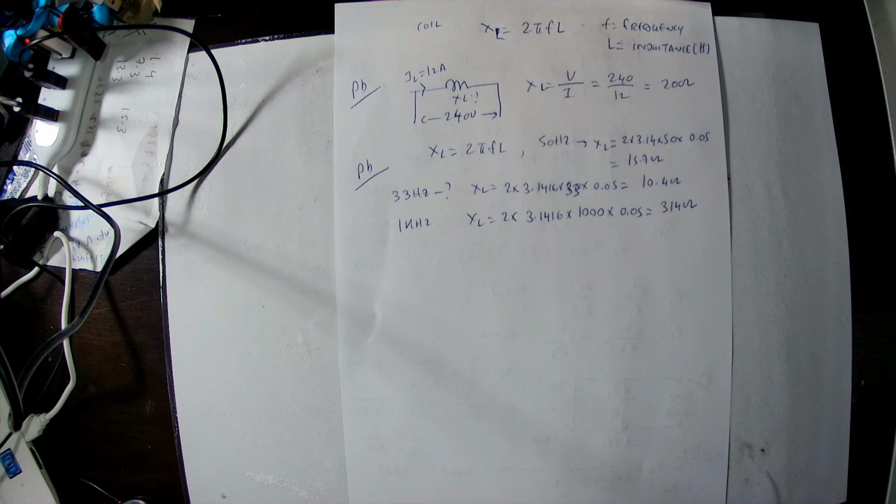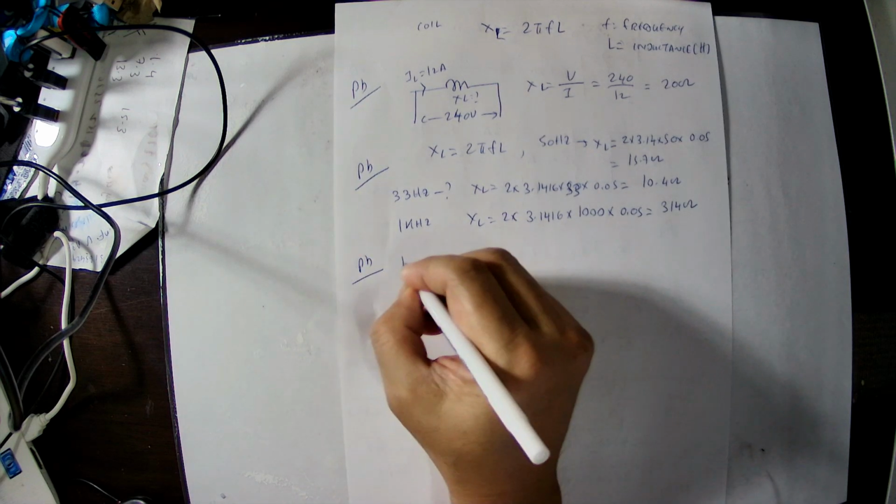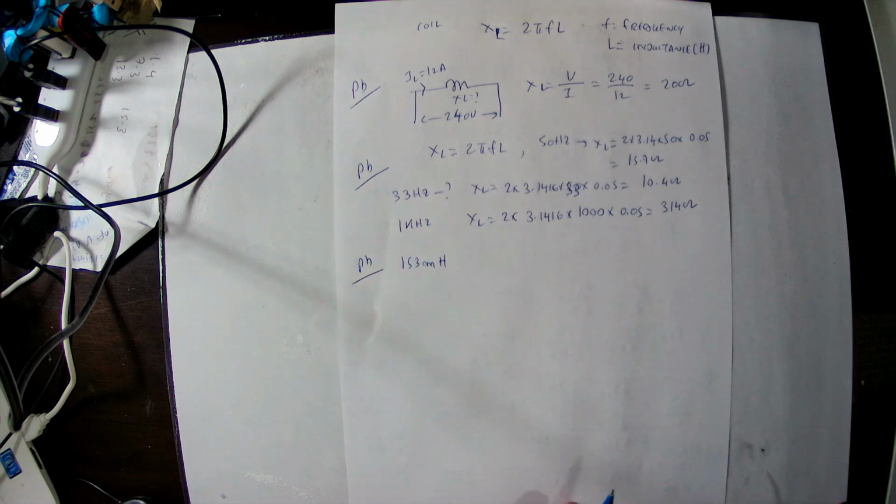The next problem, an inductor of 153 millihenry is connected to 240 volt, and we have to find out the current.